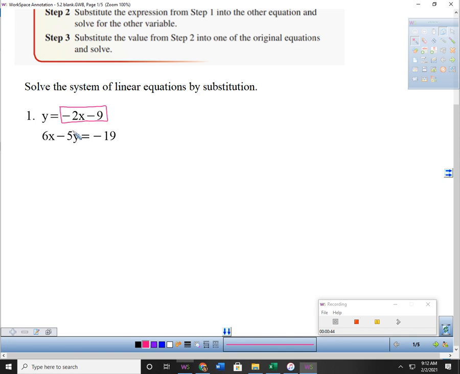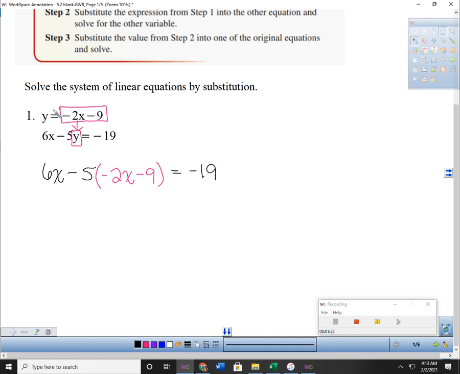So where this y is right here, I can plug it in for the y down here, which is what I'm going to do. So I've got 6x minus 5, and since this is 5 times y, I'm going to have to put a parenthesis when I plug in the negative 2x minus 9. And then I've got equals negative 19.